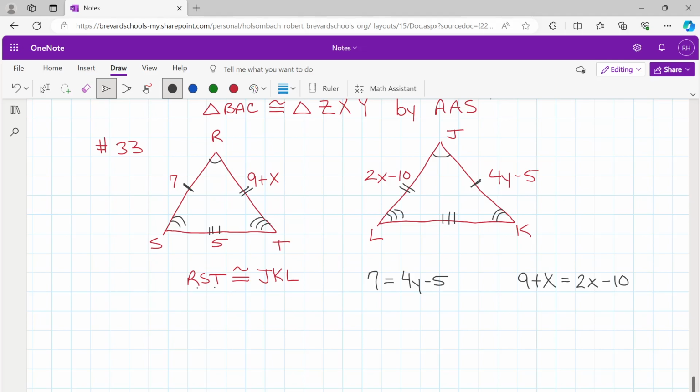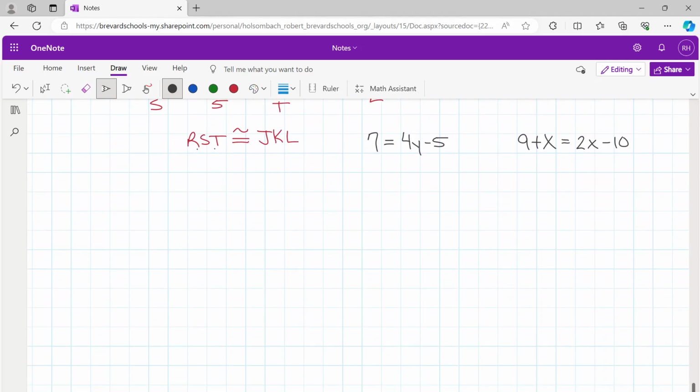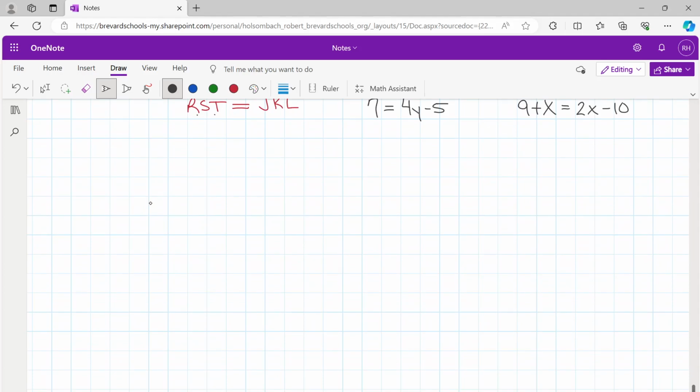All right, so again, a lot of the stuff that you're doing today is review. So your practice problems for today are going to start on page 280. 14 and 15. 27. 29 and 30.